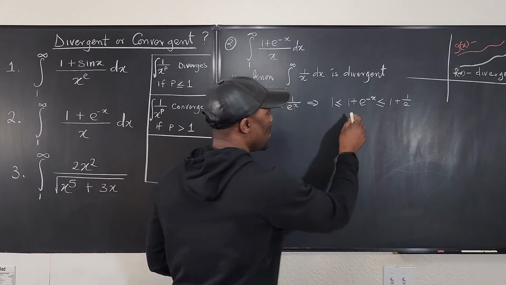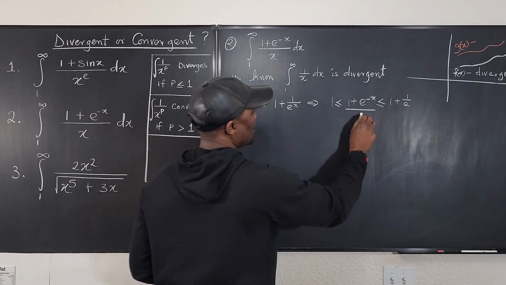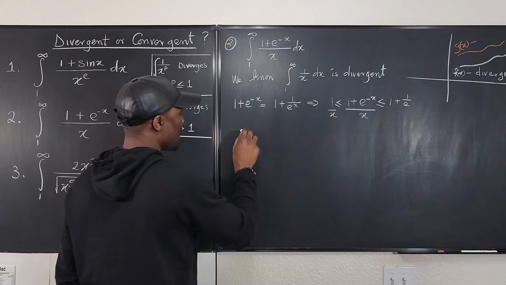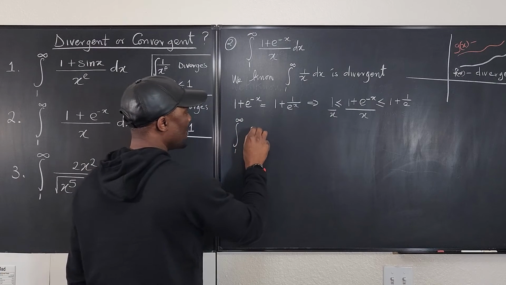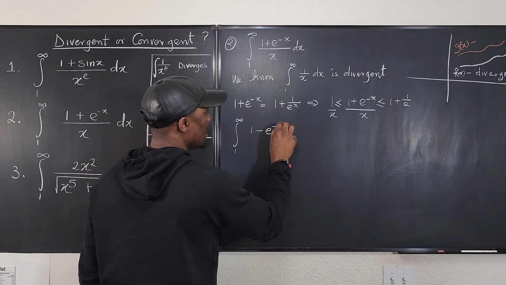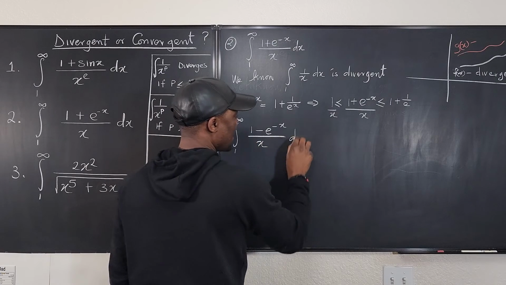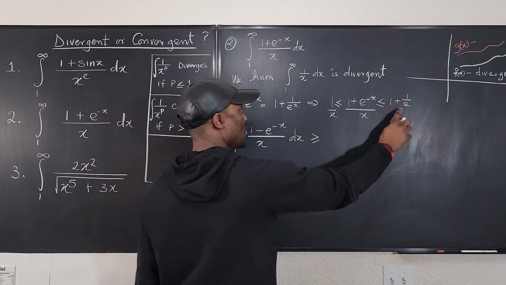So now we're going to divide both sides by x. So here we can say the integral from 1 to infinity of 1 minus e to the negative x divided by x dx is greater than, or I switch this, greater than, so I'm not using this side.